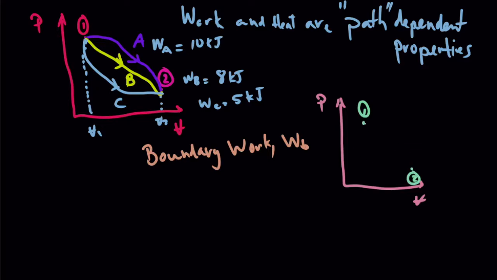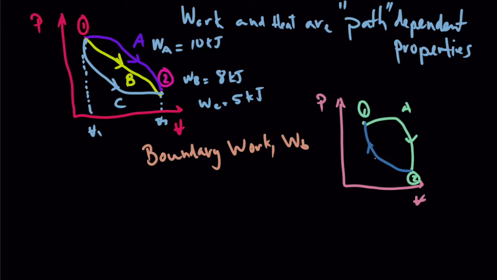It could be we take this path to get from 1 to 2. This would be A, and then to come back, just say this is a cyclic process. We're going to go from 1 to 2, and then we want to go back from 2 to 1. So from 2 to 1, we may choose to go this way.